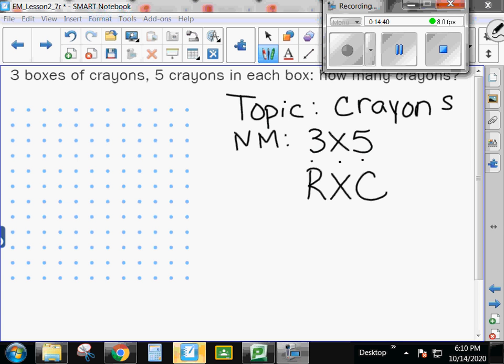I'm going to have 3 rows, so I'm going to get it started like that. I know that looks like a column, but that's the beginning of each of my rows. Then I'm going to have 5 in each row, or 5 columns. So there's the 1, 2, 3, 4, 5. And then I can just go ahead and fill this in. This is how I use the dot paper, boys and girls. I just put little X's over each of the dots.